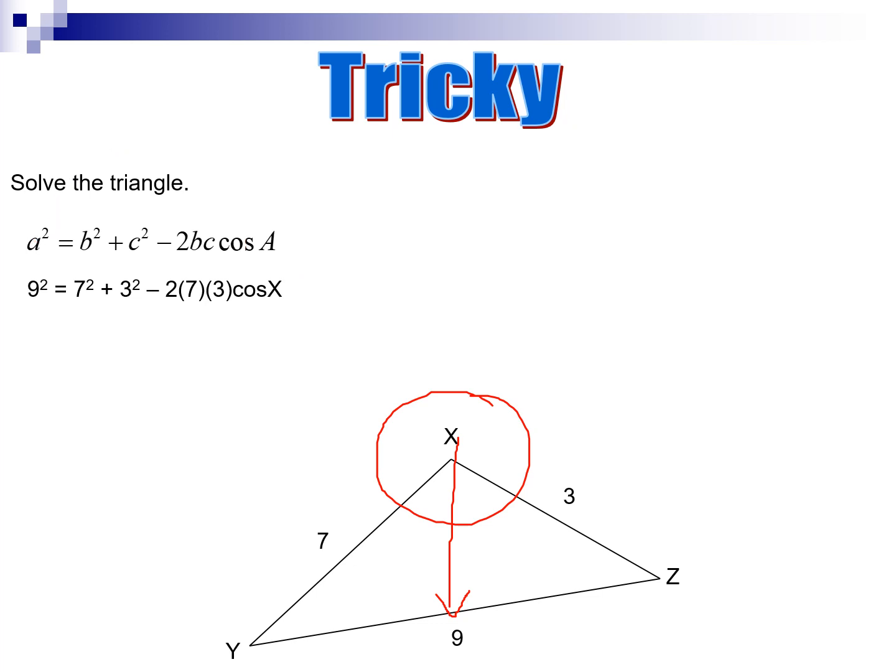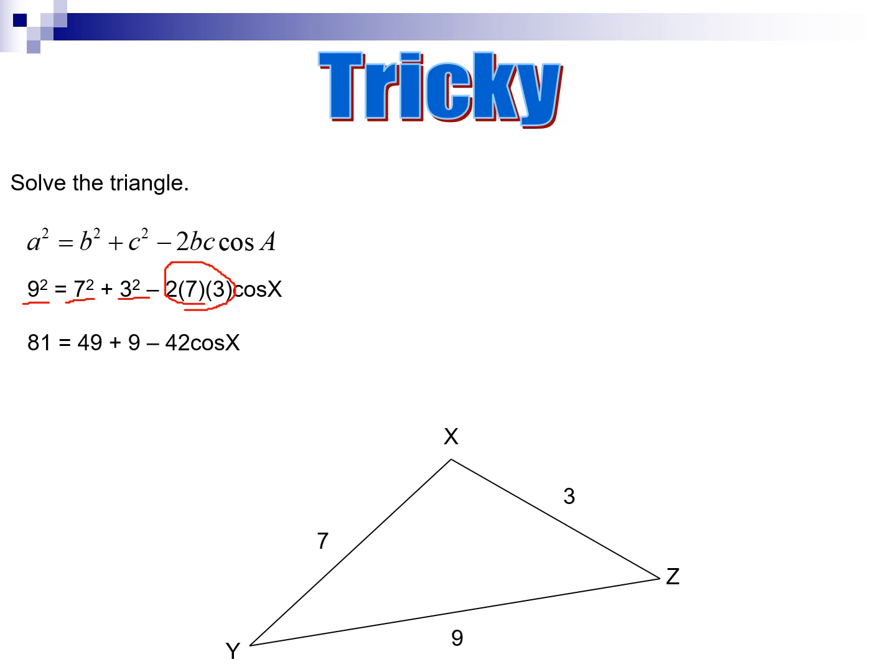Again, only if you're highly skilled at using your calculator, but if not, you have to show some work. Nine squared, 7 squared, 3 squared, and then all three of these together. You can go ahead and combine these two. Remember, you cannot combine that because that belongs to the cosine.